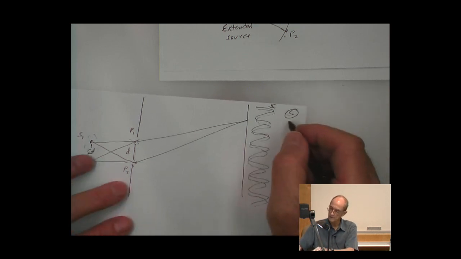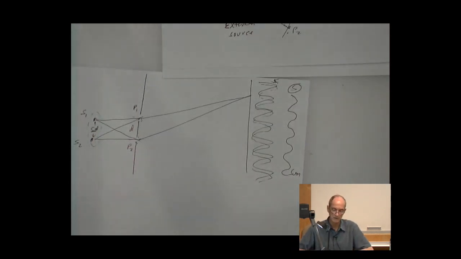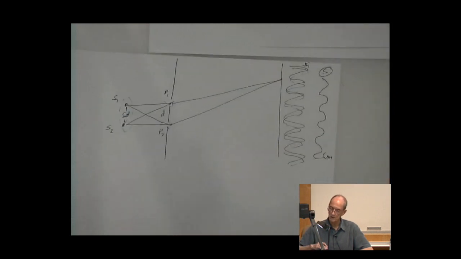If we look at the sum of those, we're going to end up with something like that, so we have this reduced fringe contrast.